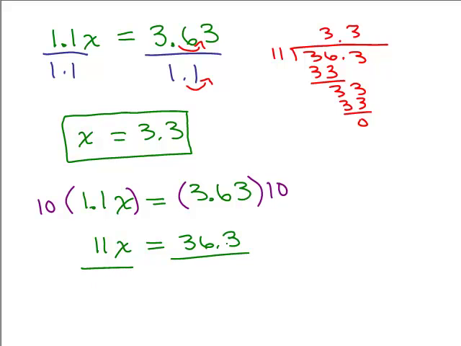So this time, when you divide by 11, you already have a whole number in the denominator, and there you go. You could do that long division again, or get out a calculator. Of course, with the original way you can just get out a calculator. You could do 3.63 divided by 1.1 if you're allowed to use a calculator.